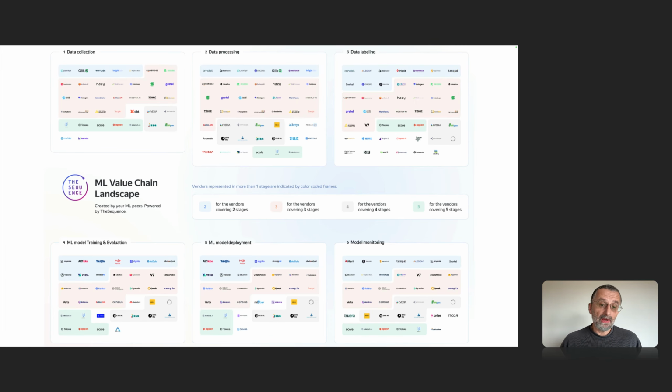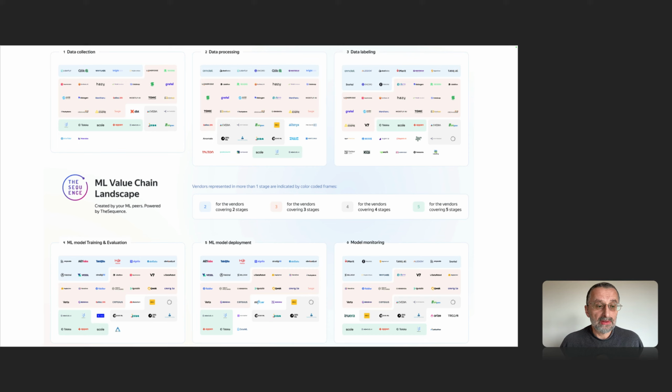Okay, so at the end of the day, the result is that we have hundreds of different libraries only for MLOps. As you can see, we have data collection libraries, data processing libraries, data labeling, machine learning model training and evaluation, machine learning model deployment and monitoring. I like this picture from this newsletter from Jesus Rodriguez.